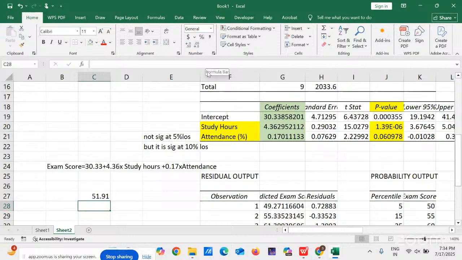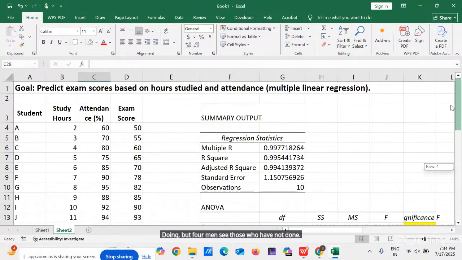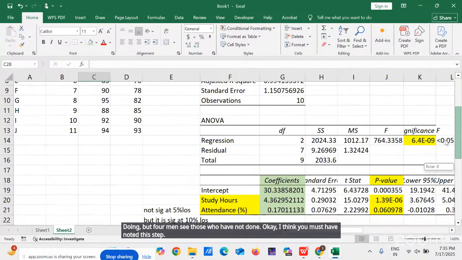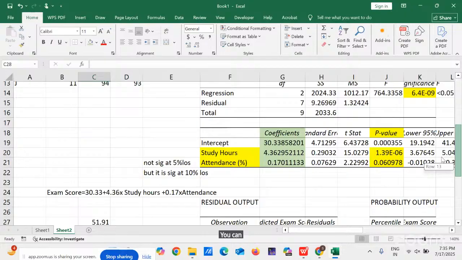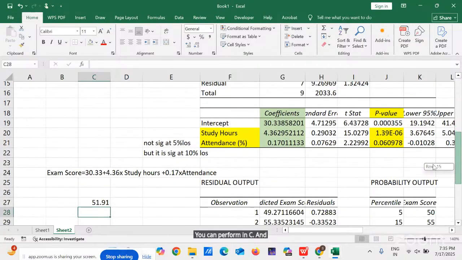I would like to give you 5 minutes again here to perform and see, those who have not done it. I think you must have noted the steps. You can perform and see, and any doubt you may ask.